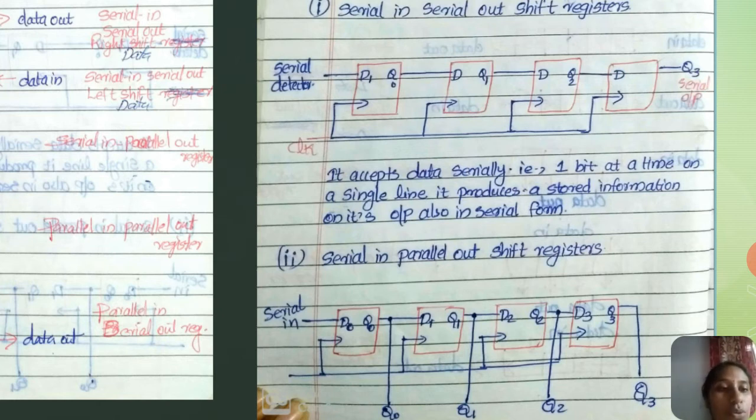The result is Q2, which is taken as output parallelly, and Q2 is also moved to D3 in a serial fashion, and Q3 will be your final result, which is taken parallelly. So here the data inputting is done in a serial manner, and the output is being taken in a parallel fashion. So this is serial in and parallel out shift register.